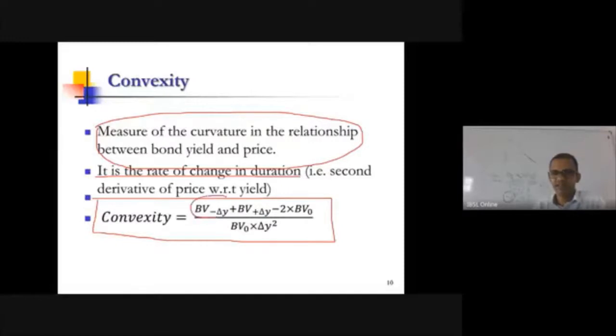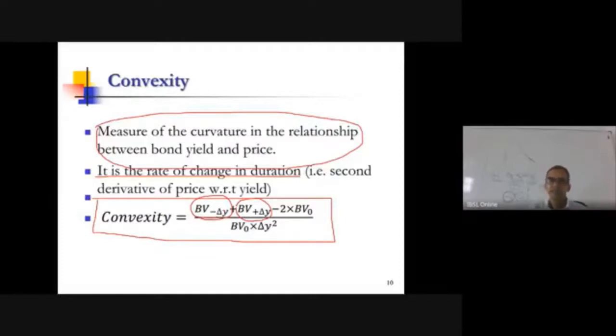Again, what is this? Same as what we used in the effective duration. What is the price of the bond when the yields decrease by a certain amount? The second term, what is the price of the bond when the yield increases by the same amount?